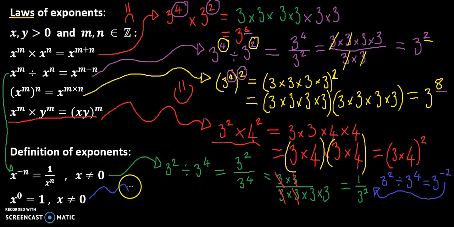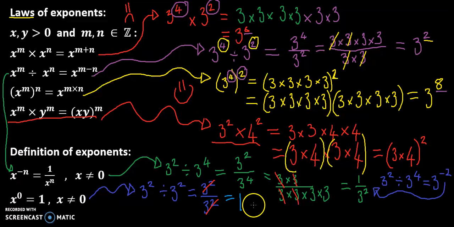Okay, this last one. Why is x to the power of 0 equal to 1? If we have 3 to the power of 2 and we are dividing it by 3 to the power of 2 and we change it to a fraction, we've got 3 to the power of 2 over 3 to the power of 2. Well, in normal mathematics, we can just cancel them, and we get an answer of 1.